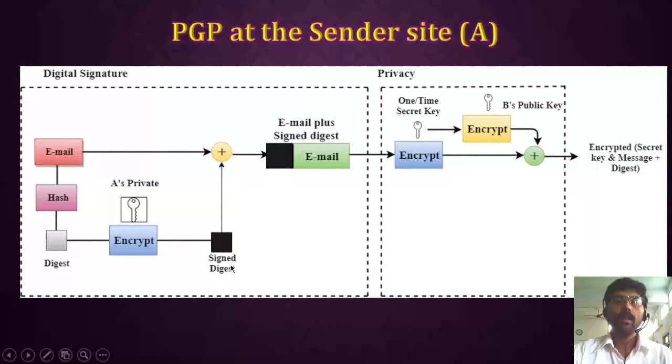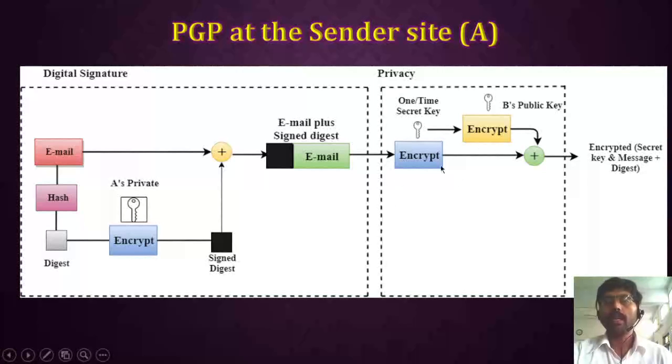Once I get the encrypted message digest, I attach it to the email, and that email is encrypted using a secret key. One secret key I already randomly created. Using that randomly created secret key, I encrypt the email along with the encrypted hash code.